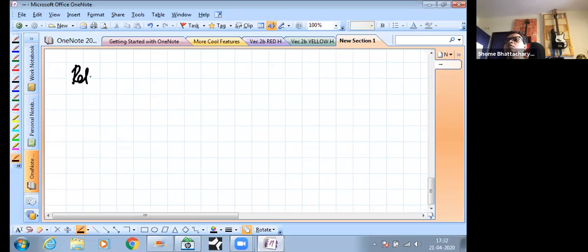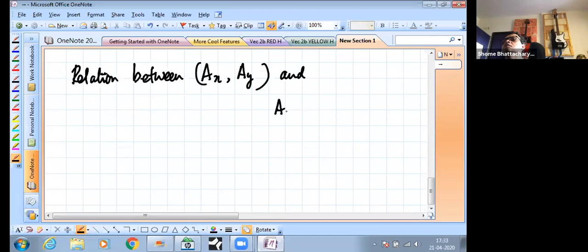So the relation between the components, and E, or more properly the magnitude of the vector, and theta, that is the angle with respect to the x-axis.